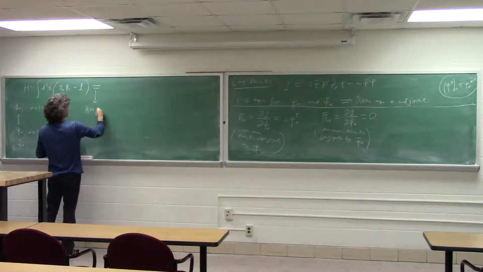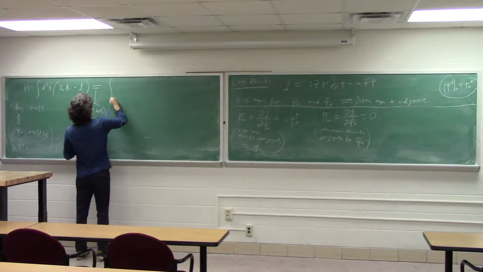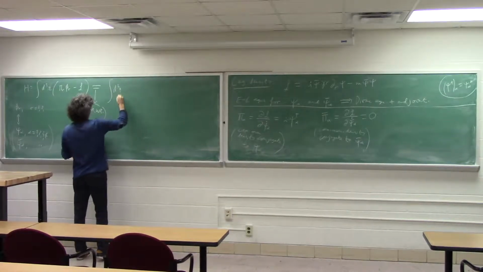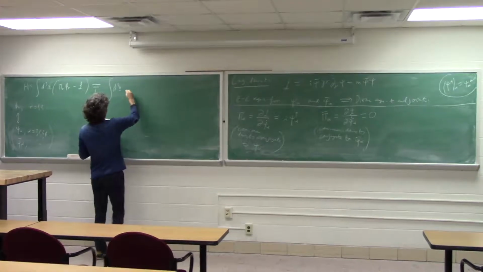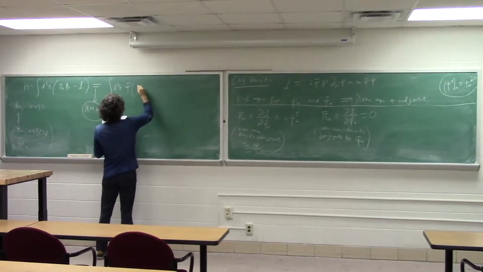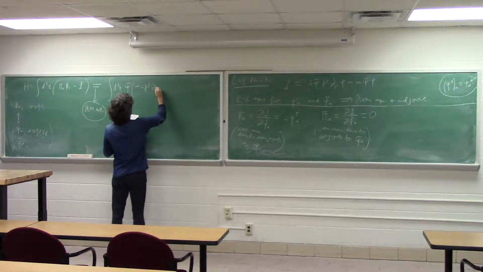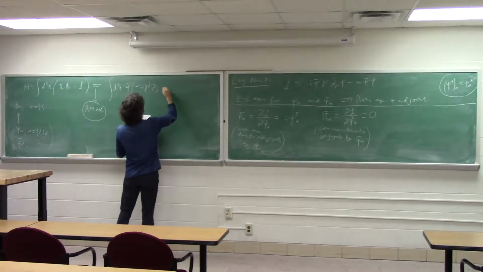Show that the expression that you get looks like this. This is the Hamiltonian for the Dirac field. It's psi bar, minus i gamma j d_j plus m, psi.